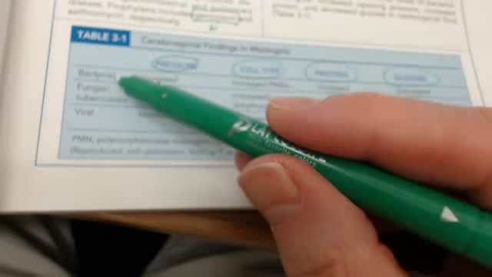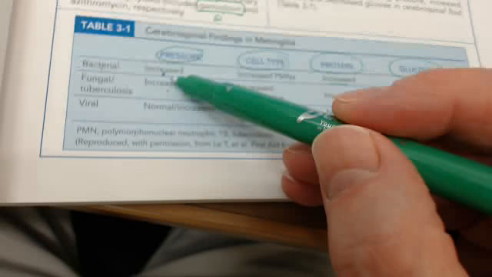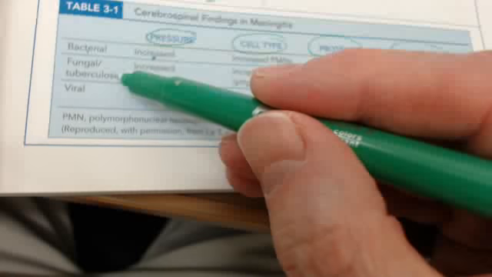Anyway, for bacterial meningitis, you have an increased pressure, the cell type is increased PMNs, protein is increased, and glucose is decreased. For fungal meningitis or tuberculosis, you have an increased pressure, increased lymphocytes, increased protein, and decreased glucose.